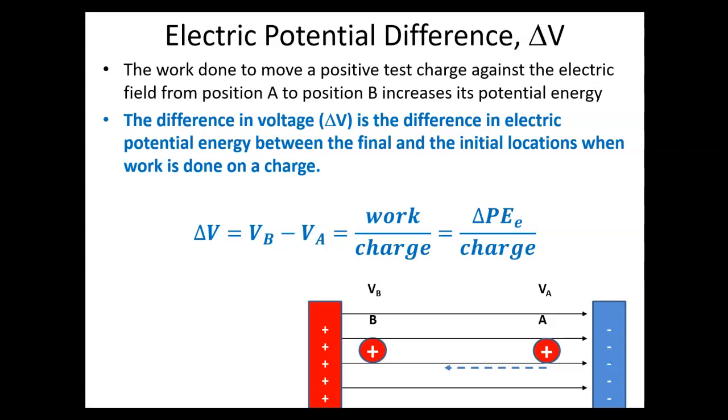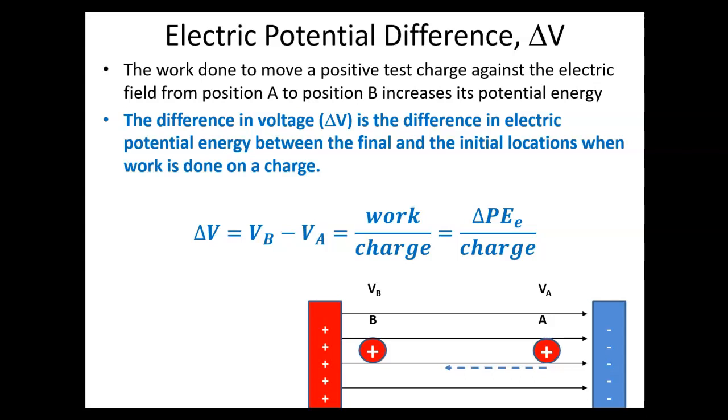And in this figure, you'll see that it's indicated that the voltage where the charge started was at a level of V sub A, and when I pushed it closer to the red bar, the voltage over there is V sub B. That difference in the voltages at those two locations is telling me the amount of work that I had to do per unit charge, which is equivalent to the change in the electric potential energy per unit charge.